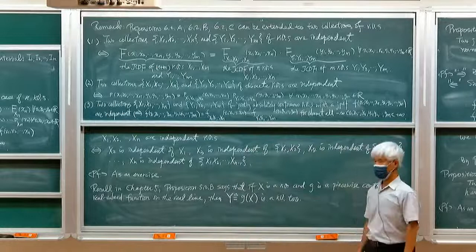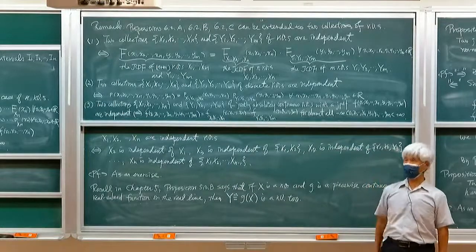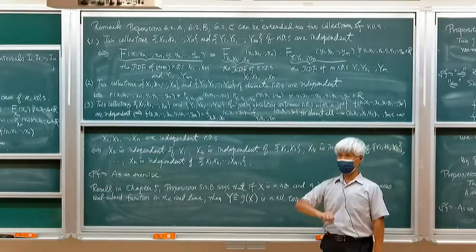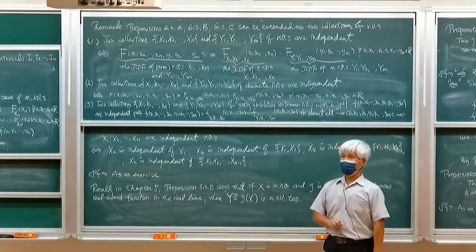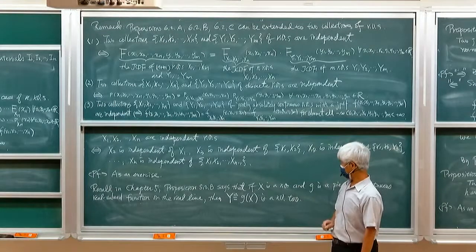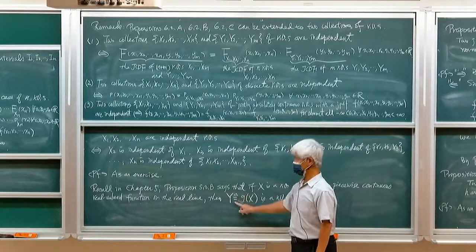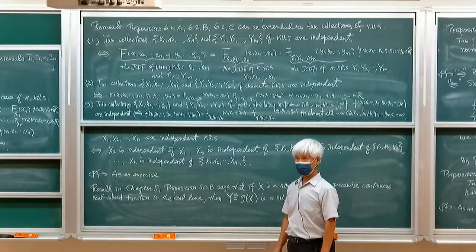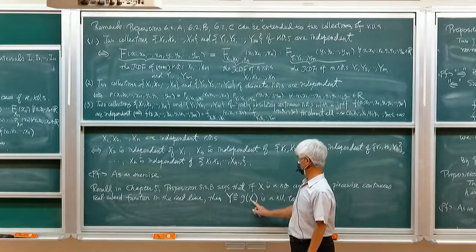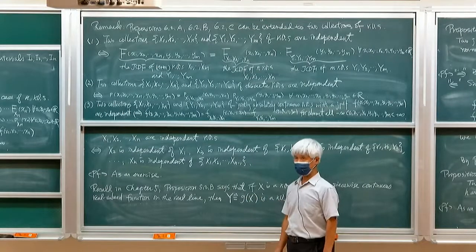So we say that if the signal processing function g is piecewise continuous, then after the data processing, g of X, this new function on the sample space, is again a random variable.